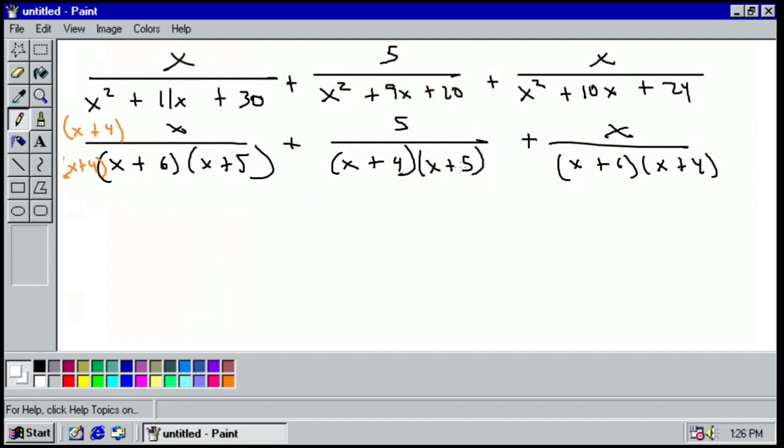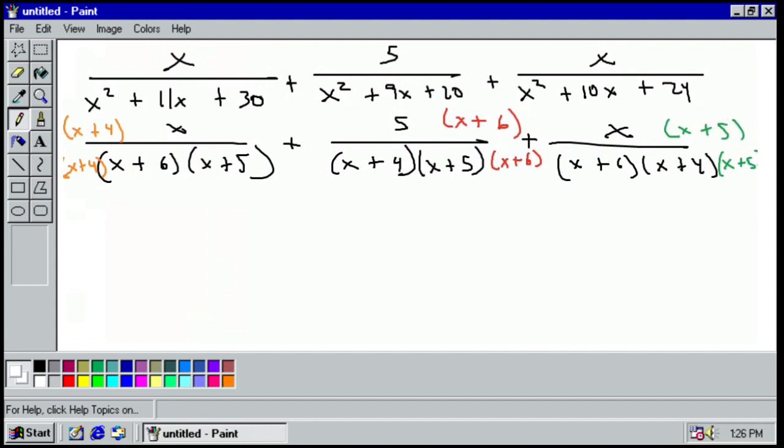The factor we don't have in the second fraction is x plus 6. So we're also going to multiply the top part by x plus 6. Next, what factor don't we have in this part of the fraction? We don't have x plus 5. So we're going to add x plus 5 there.